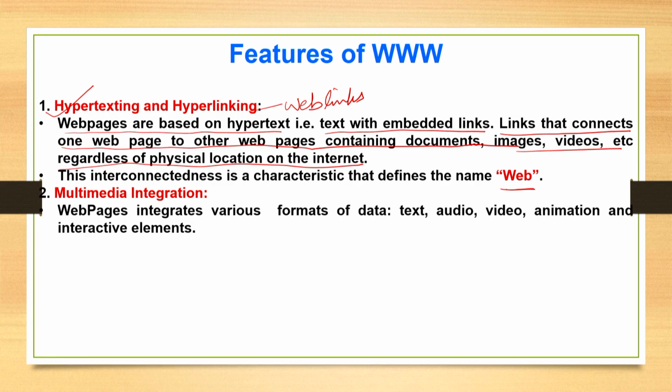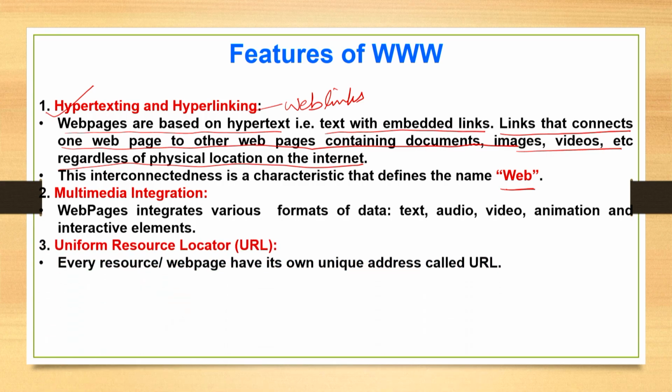The second feature is multimedia integration. Multimedia integration means a web page may contain text, audio and video, animations or interactive elements. The third one is the uniform resource locator, that we call a URL.